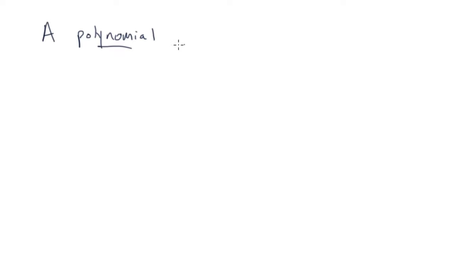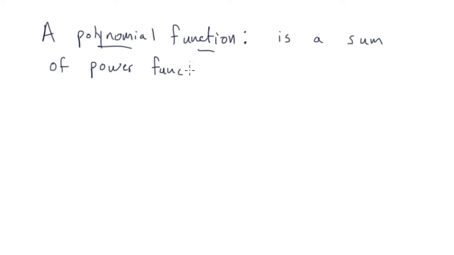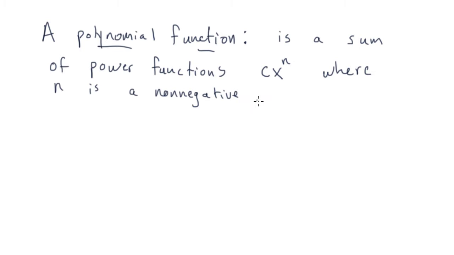So a polynomial function, all it is, it's a sum of power functions c x to the n, where here we're assuming that n is a non-negative number, non-negative integer.